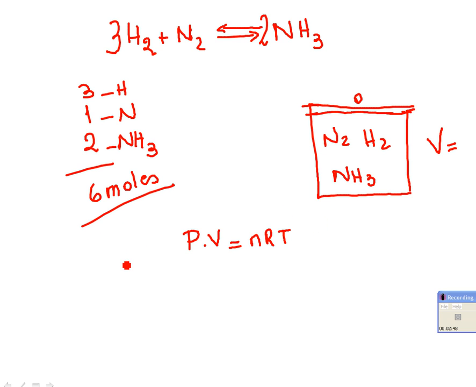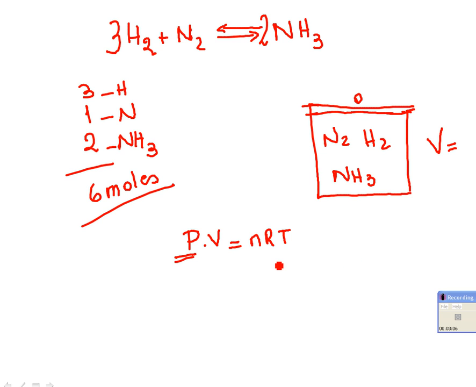Yeah, in total, the 6 moles. Okay? R is the constant of the gases, and T is the temperature in Kelvin. So applying this formula, we can calculate the total pressure that we have exerted by all these gases together.